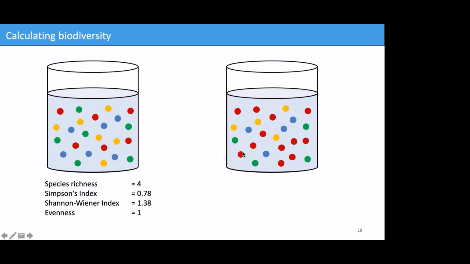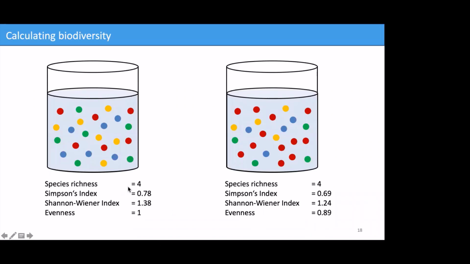You still have the red, the green, the yellow, and the blue, okay? But the numbers are different. If you calculate the biodiversity indices here, species richness is still 4. The Simpson's index becomes lower, 0.69. The Shannon-Wiener index is 1.24, and evenness is 0.89.